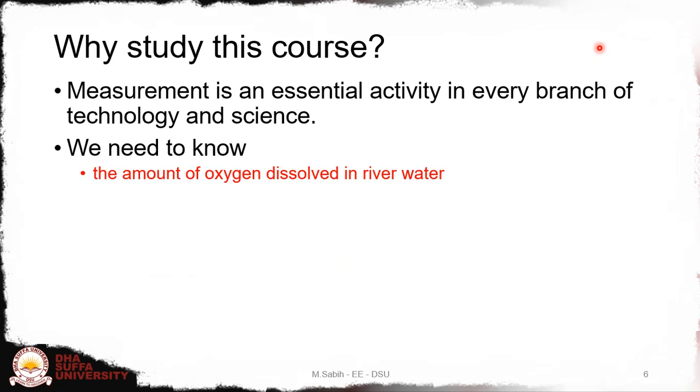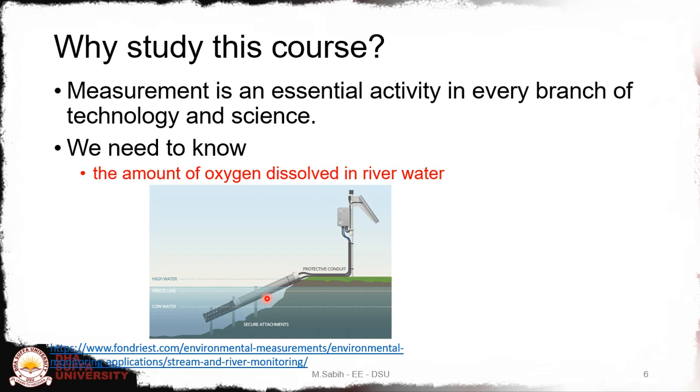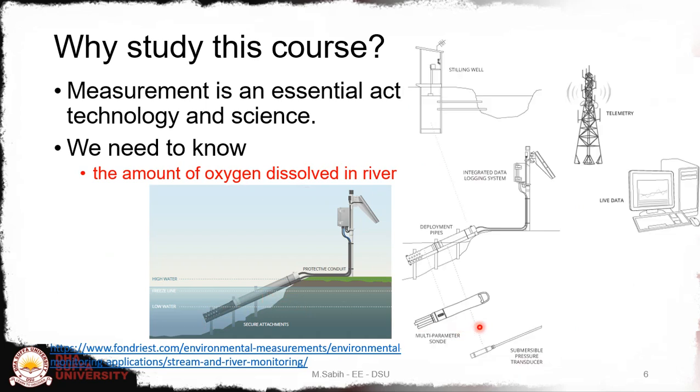We also need to know, for example, the oxygen dissolved in a river. This is an example of a measurement system in a river that is able to calculate the amount of dissolved oxygen.